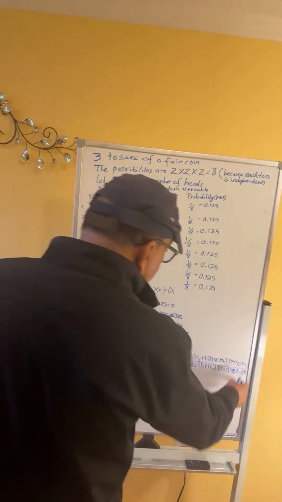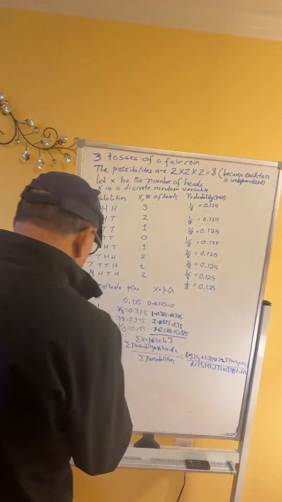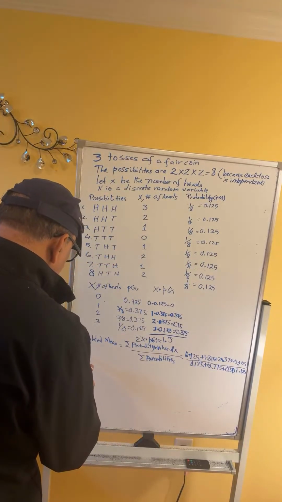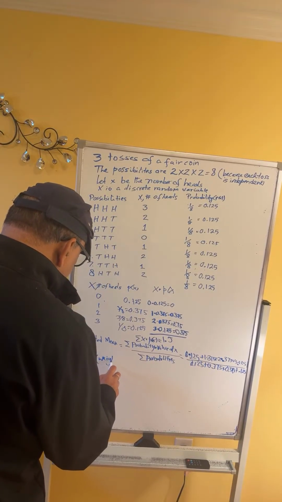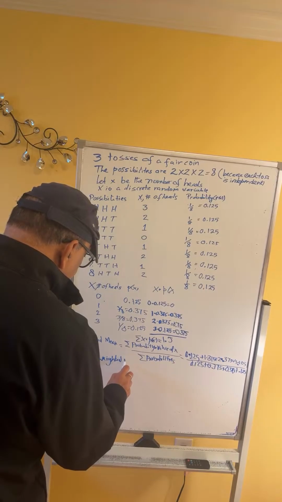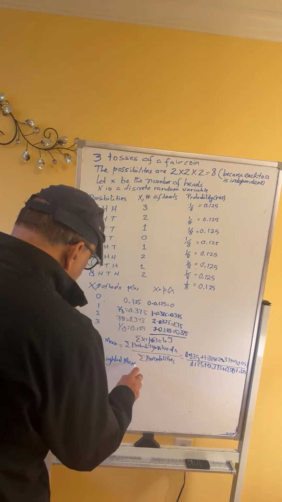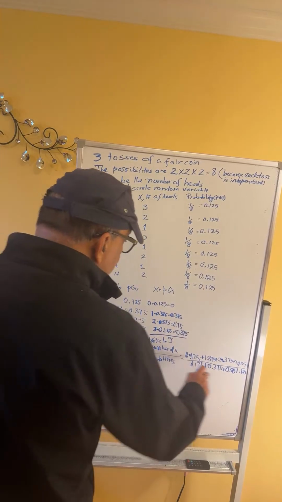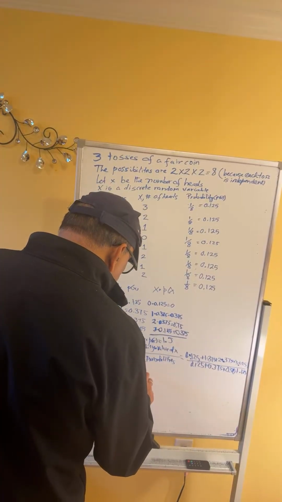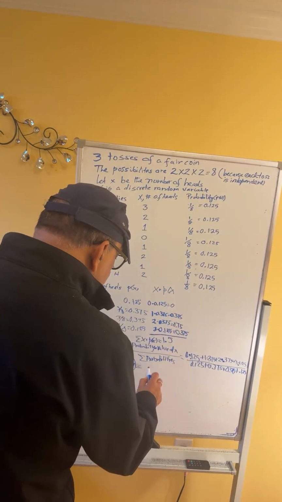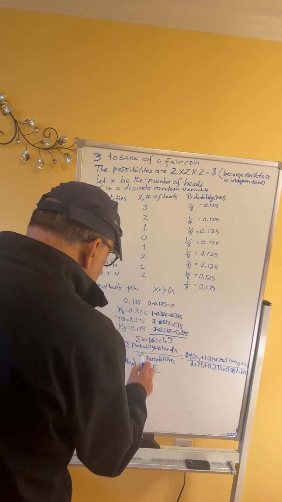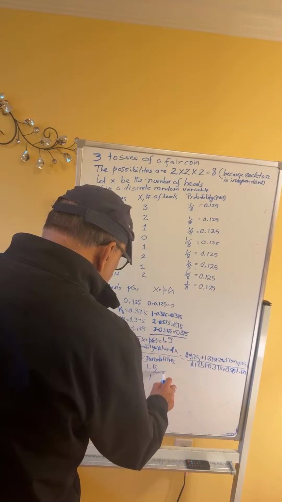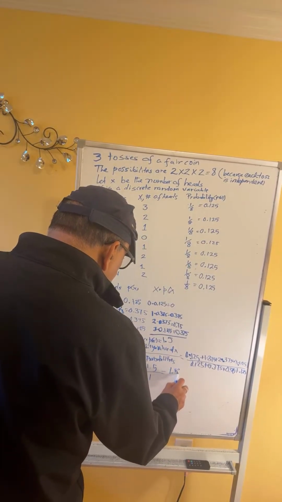And 0.125 is the last probability. And then the weighted mean, or x bar weighted mean, becomes equal to, on the numerator, 1.5 divided by the sum of the probabilities, which is 1, so it is 1.5.